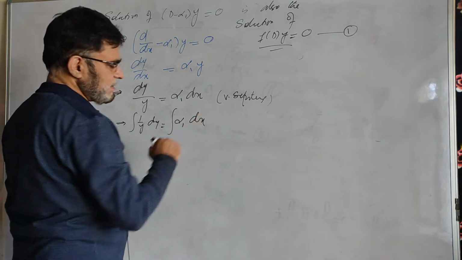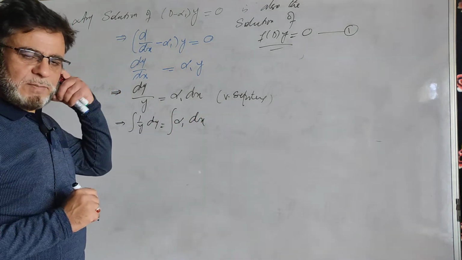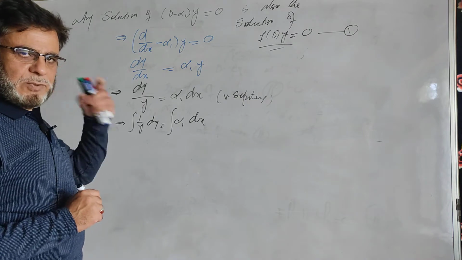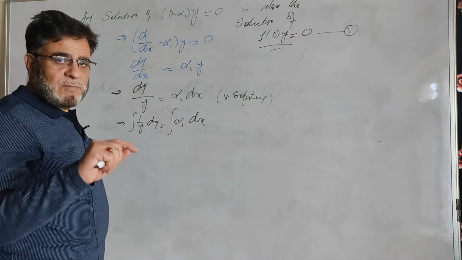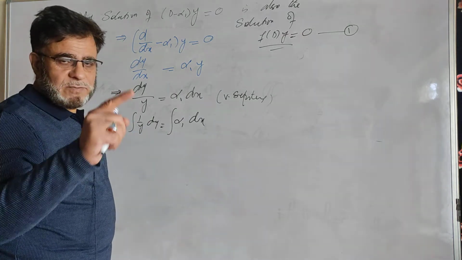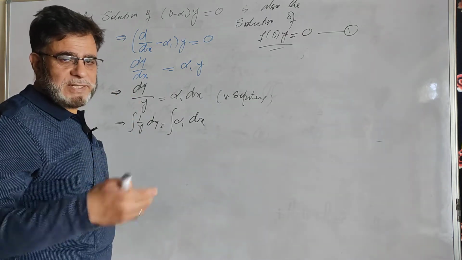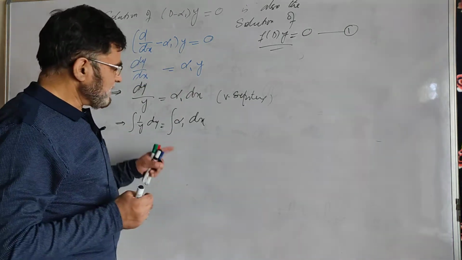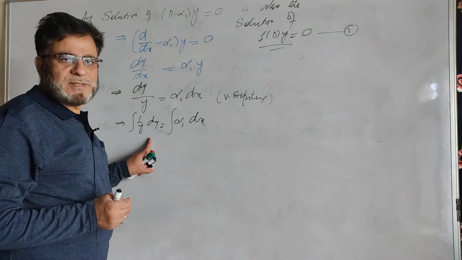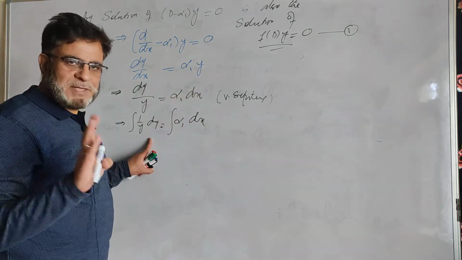I could write c1 here, no problem, but I want to write the solution in the form of y is equal to y1, as in the first theorem: y is equal to y1, y is equal to y2, y is equal to y3, so that you can generalize that theorem. It is one particular solution of this. You are not getting each and every solution.